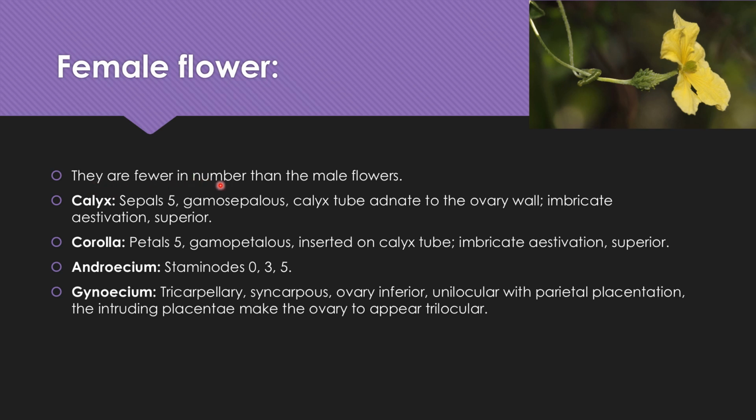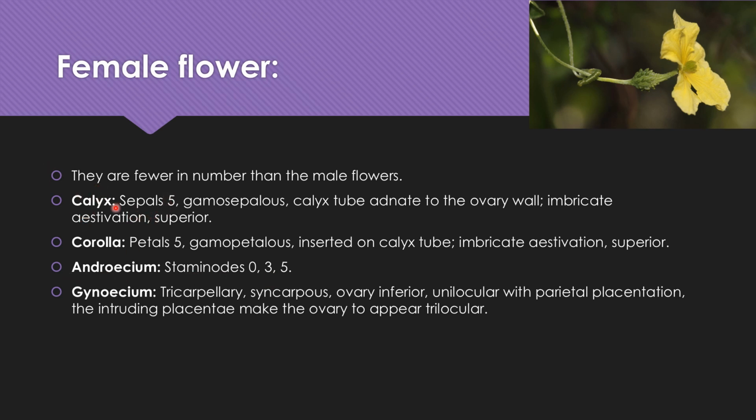But this condition is not repeated in female flowers. So the female flowers are few in number compared to the male flowers. The female flowers consist of calyx, corolla and sometimes 3 to 5 staminodes, but they are not functional, and usually they are absent.